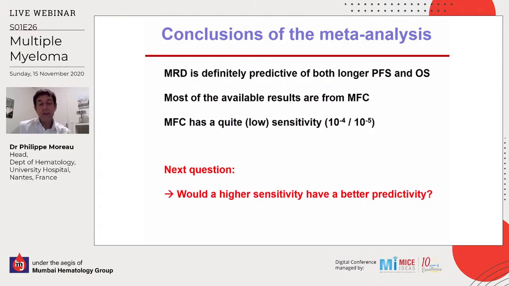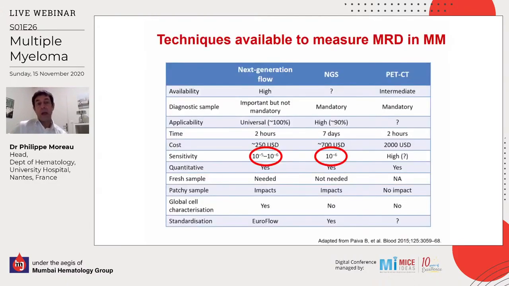So the next question is, would a higher sensitivity have a better predictivity of the outcome? And you know that we have new tools to assess MRD in myeloma. We have next generation flow with 2 tubes, 8-color flow, what we are calling the Euroflow technique, that is now very well standardized.